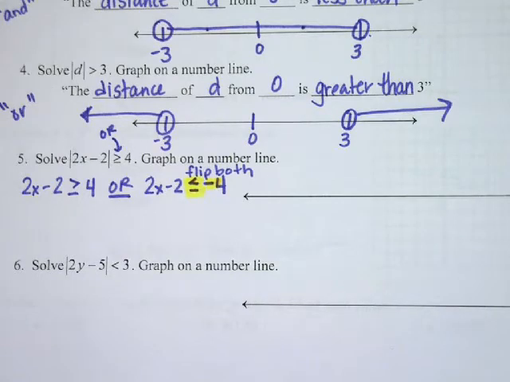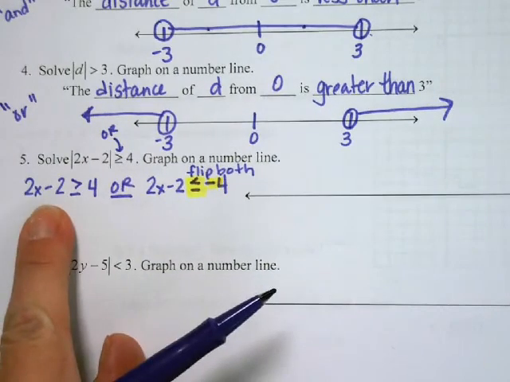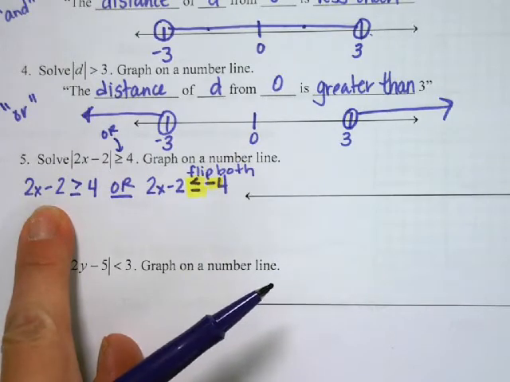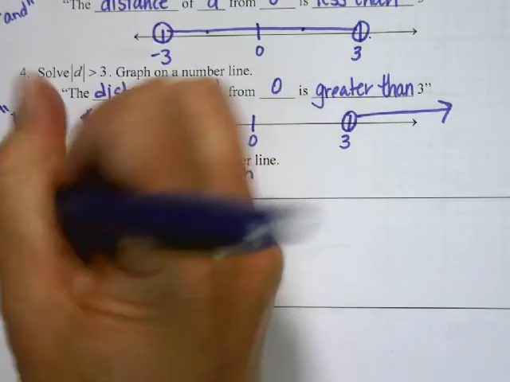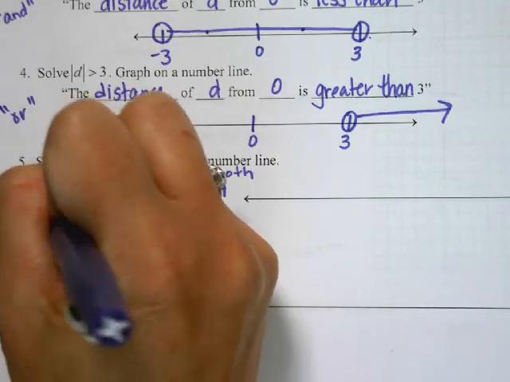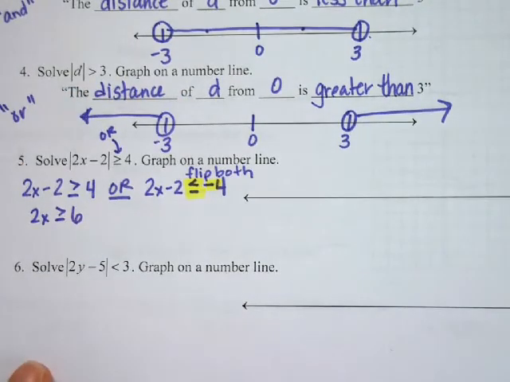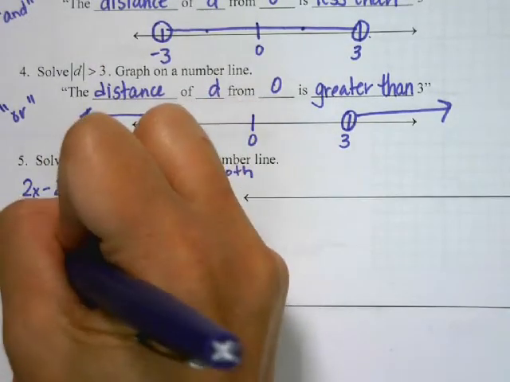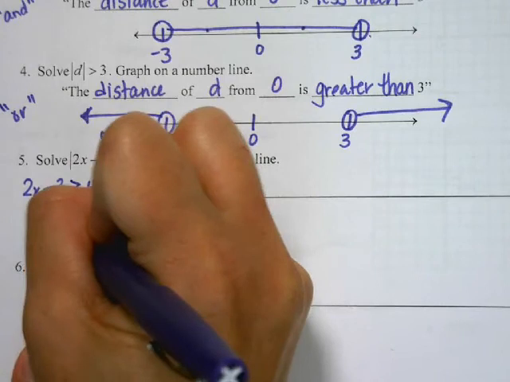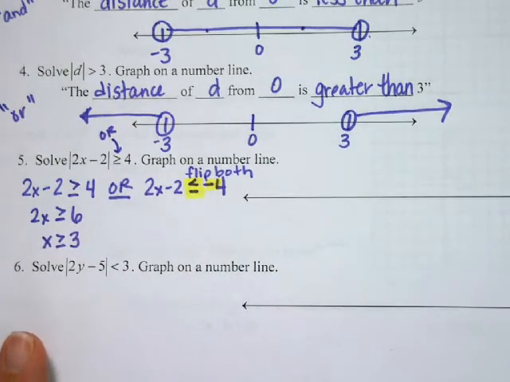Okay, so now let's solve this guy. 2x minus 2 is greater than or equal to 4. 2x is greater than or equal to 6 when I add 2. Divide by 2, so x is greater than or equal to 3.